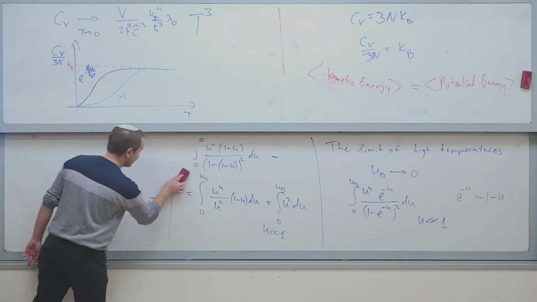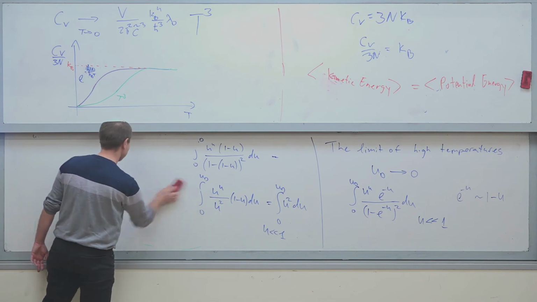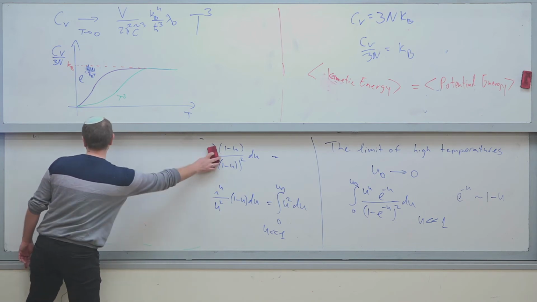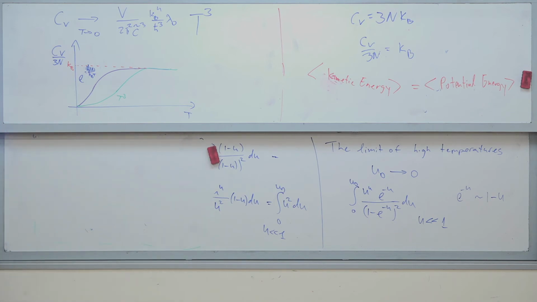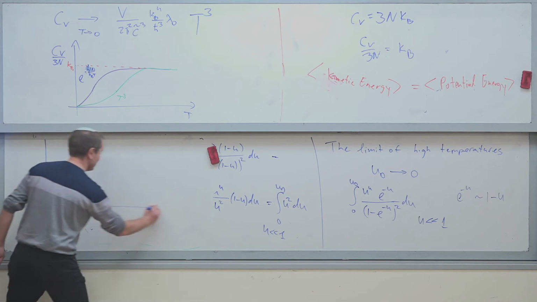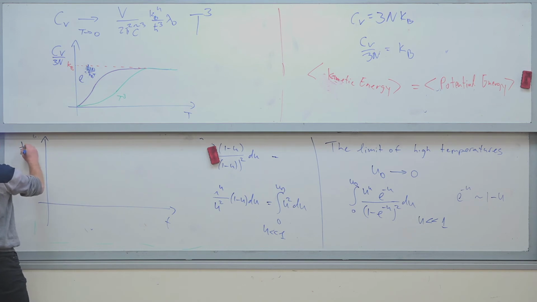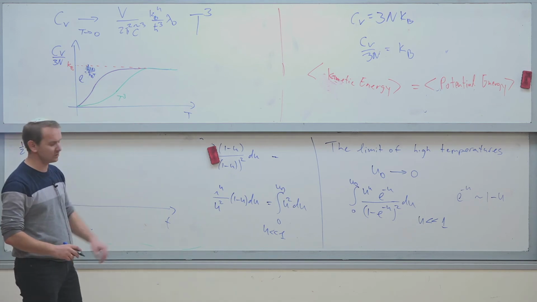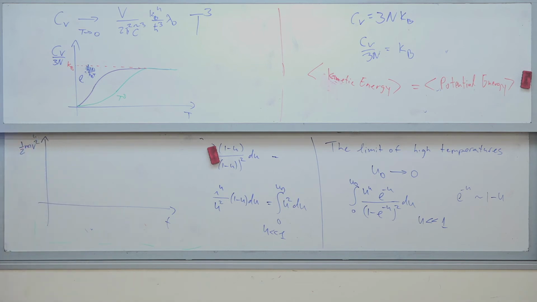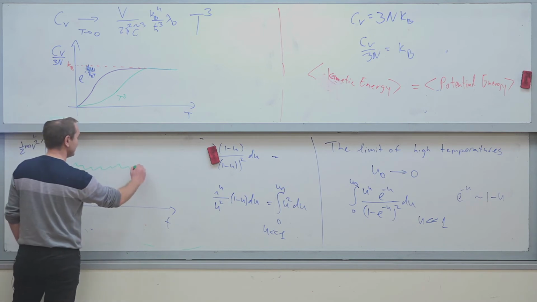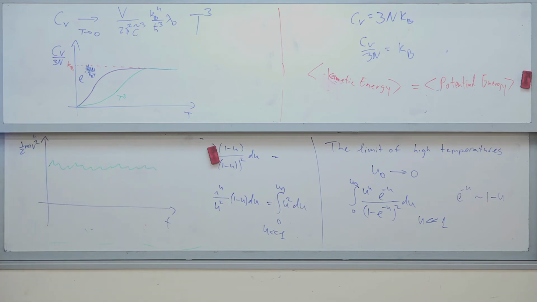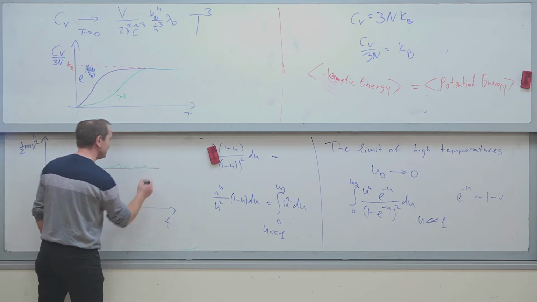If we look at a particle in a harmonic potential and we track its energy, this is time, and this is 1/2 mv squared. We're looking at a single particle inside our solid, and its kinetic energy is fluctuating as a function of time. It's doing something like this. When I average this out, this is the average.